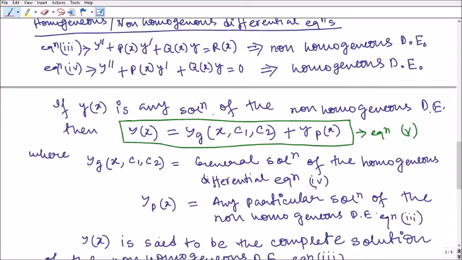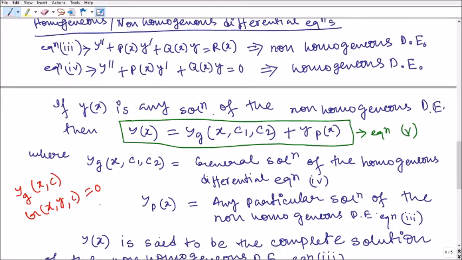Now let us discuss the solution of a non-homogeneous differential equation. We know that the general solution of a first order linear differential equation is basically a function of x and c, or the general expression can be written as g of x, y, c equal to 0. So the solution is of the form g of x, y, c equal to 0 for a first order linear or nonlinear differential equation.